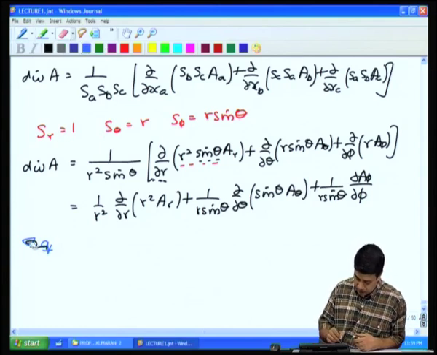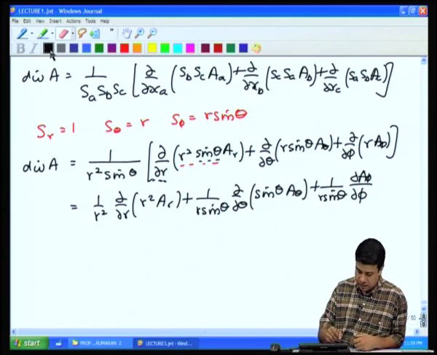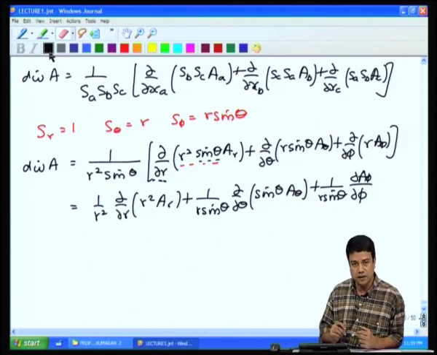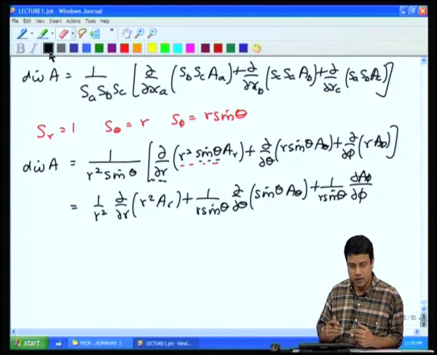Similarly, one can get a simplified expression for the curl. I will not go through the details here, it is just algebra of the same kind that we have done before.